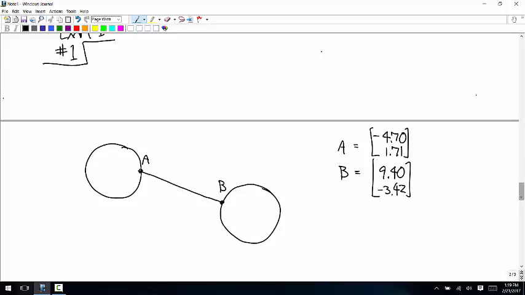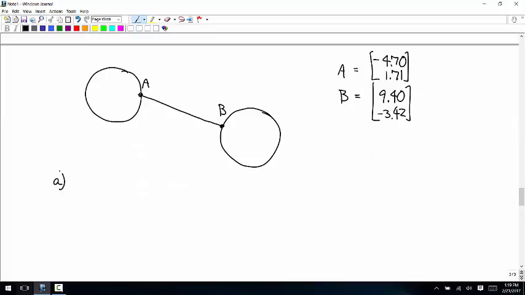And we want to calculate two things. First, if the cable tension is 100 newtons, what's the force vector the cable applies to A?